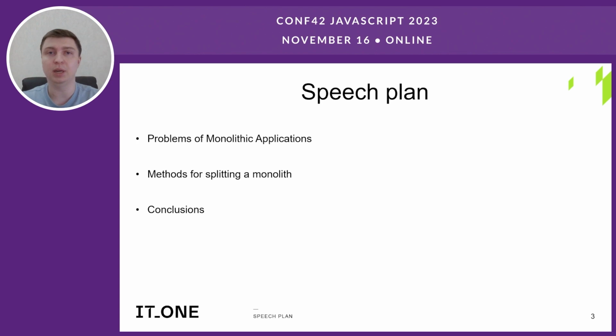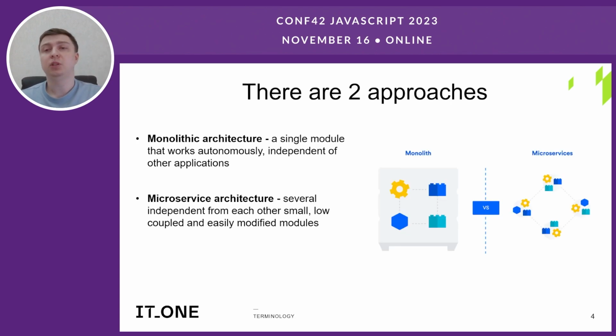So let's start. First of all, we need to understand the difference between two approaches, monolithic and microservices. When you use monolithic architecture, you are using a single module that works autonomously, independent of other applications.